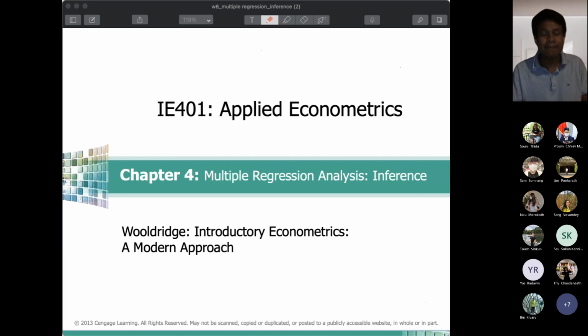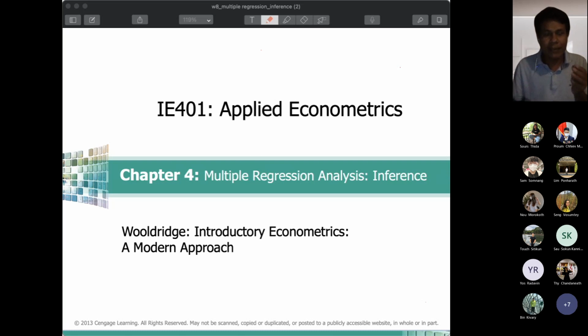Yes, sir. May you explain the R square in the variance estimate again? The R square in the variance is not the R square of the regression of all independent variables on the dependent variable. The R square in the variance is the R square of another regression, where you regress your independent variable as a function of the other independent variables.